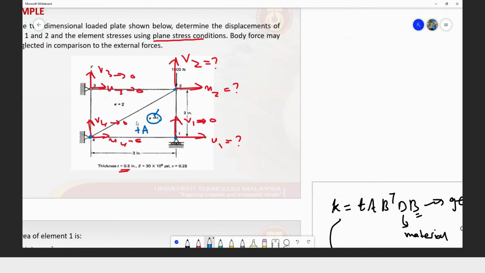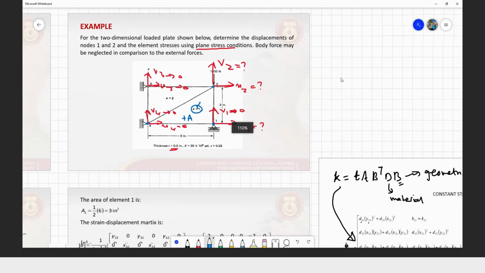If the way we arrange the node numbering makes it clockwise, then you will get a negative value of area. Area shouldn't be negative. So if we have it, we should have a positive area.